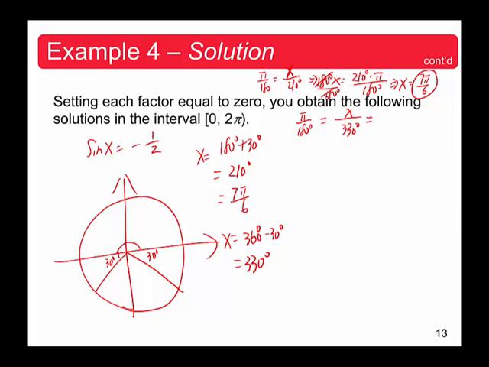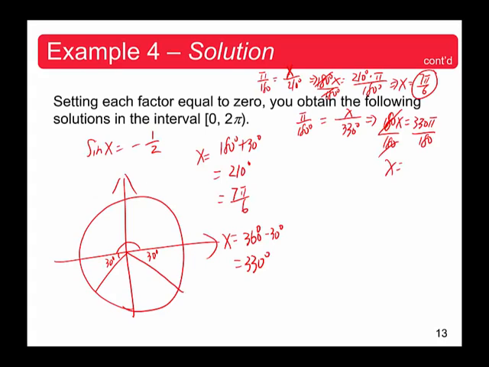That means 180x equals 330 pi. And dividing 180 from both sides of the equation, x equals 330 degrees times pi over 180 degrees. Reduce it by 30, becomes 11 pi over 6. So two solutions from the first factor.